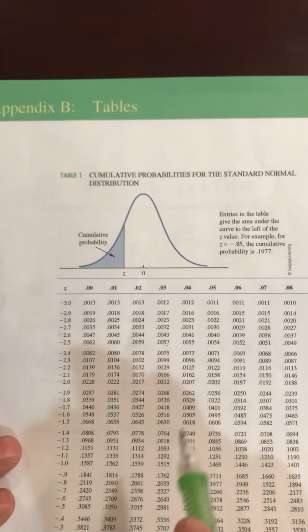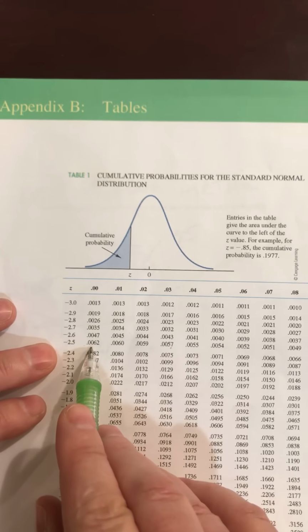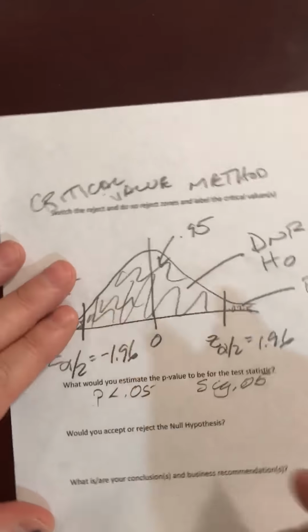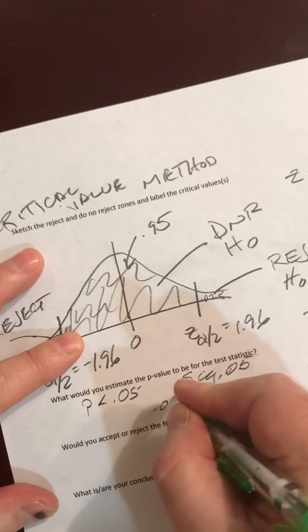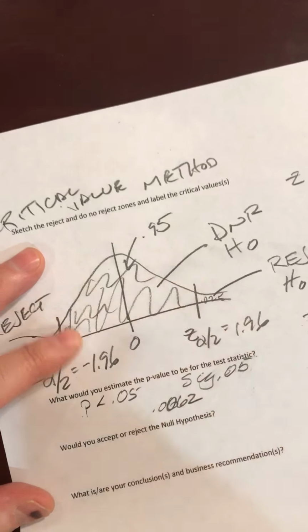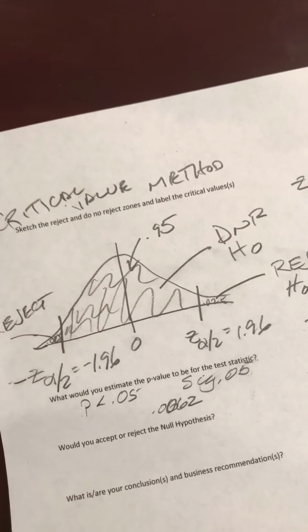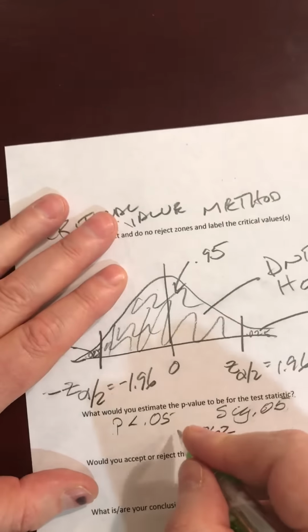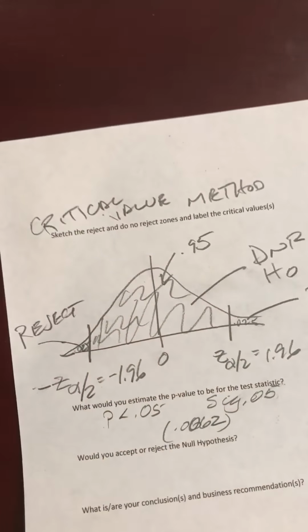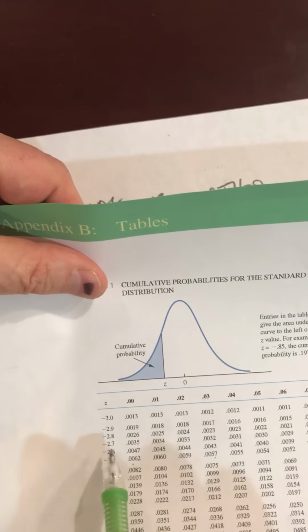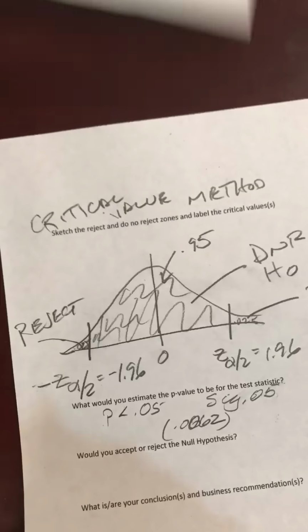So when you go in and look up minus 2.5, you get 0.0062.